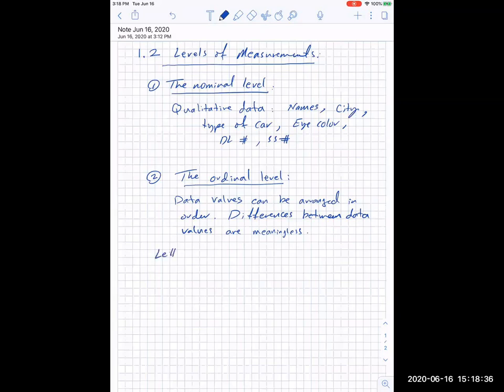If you have, let's say, letter grades, let's say the grades that I gave last semester to one of my classes, assume that these are the grades that I gave: B, B, A, C, D, A, B, C, C, F. All right, so this is, let's say, a sample of letter grades.